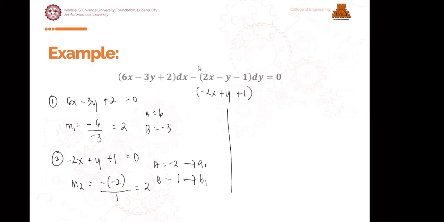Para yung transformation natin will be v is equals to a1x plus b1y. So maging v is equals to negative 2x plus y. Okay, then kunin natin yung derivative niyan. So dv equals negative 2 dx plus dy. Then yan yung i-substitute na natin doon sa original equation natin.